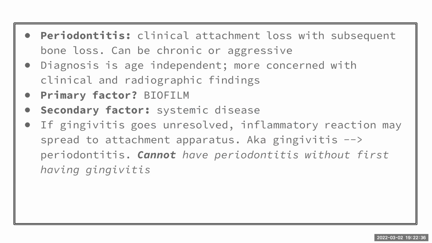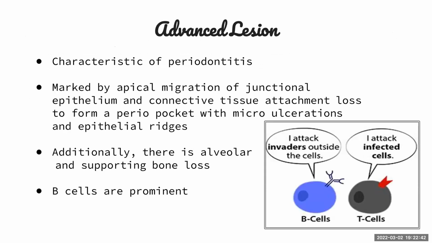You have to have gingivitis first. So we're talking the advanced lesion, because on the other one, we were talking gingival diseases, right? The initial lesion, subclinical, the early lesion and established lesion, acute gingivitis and chronic gingivitis. So the advanced lesion is periodontitis, attachment loss.